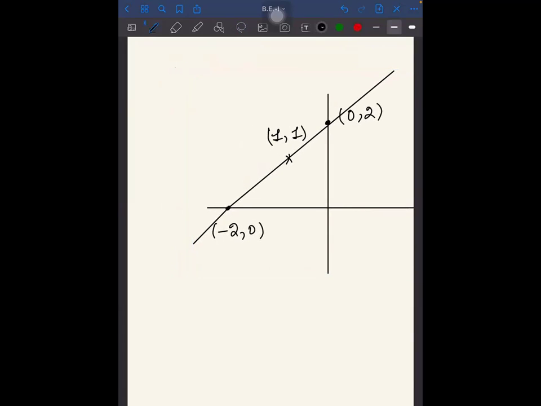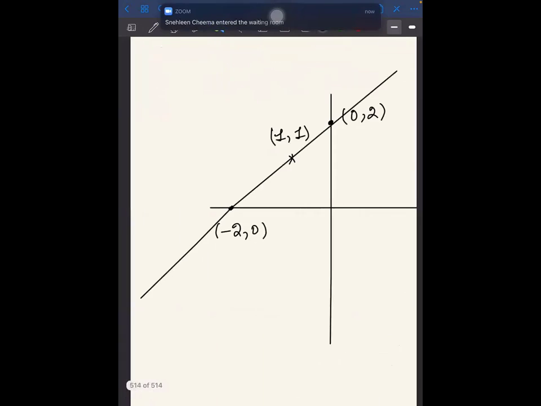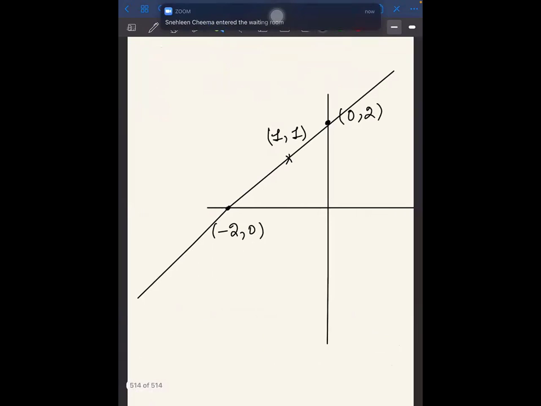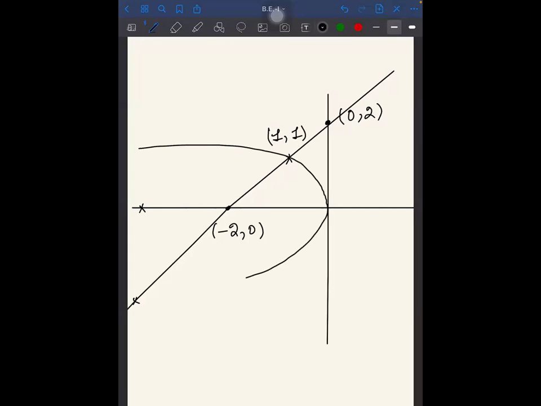So this will be something like this, and this point was (-4, -2). Roughly, this is -4 and this is -2. So our parabola will look like this.